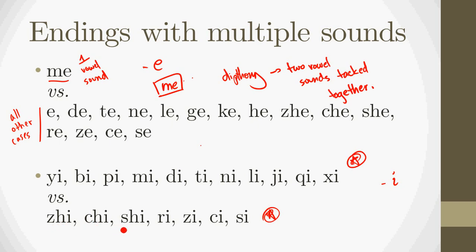You're basically just saying the consonant, and then in these ones, it's kind of a buzzed I. Sorry, this is also retroflex. And then in the alveolar ones, we get z, c, s, and it's kind of a buzzed I, a little bit shorter. Okay, I'll read the top ones as well. E, B, P, Mi, D, T, Ni, Li, Ji, Chi, Shi.